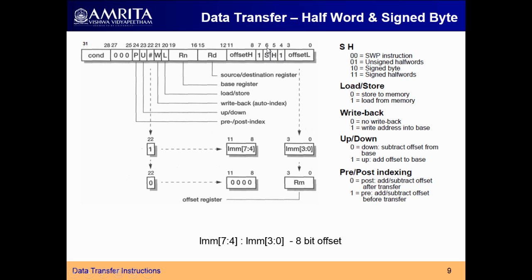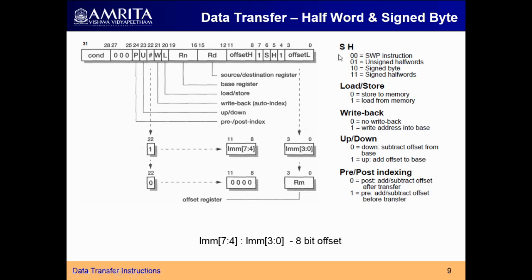Then the 5th and 6th bits represent what type of load or store you are using. That is the SH bits, which are used for representing the type of load or store. If it is 0 1, it will be unsigned half word. If it is 1 0, it will be signed byte. If it is 1 1, it will be signed half word.